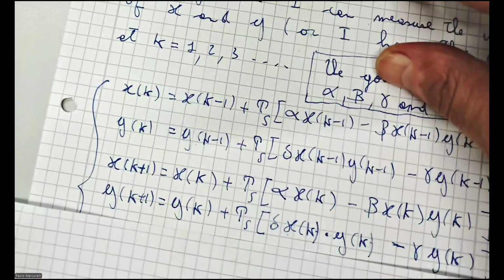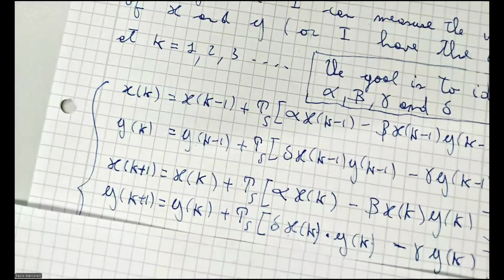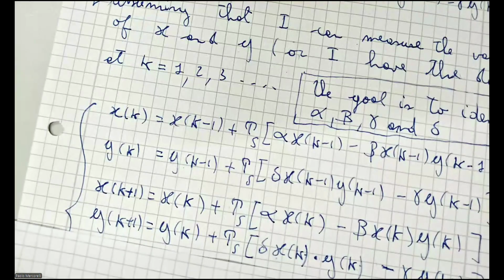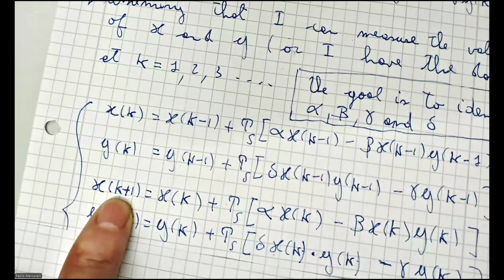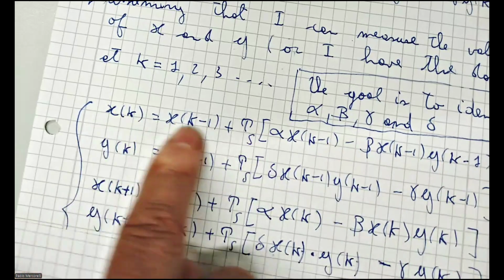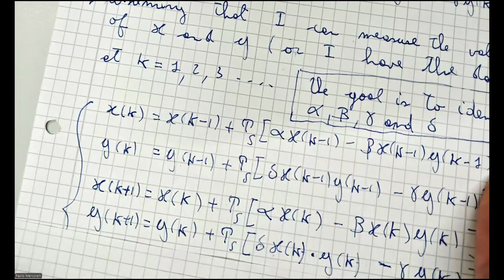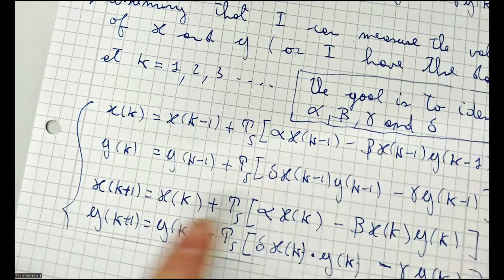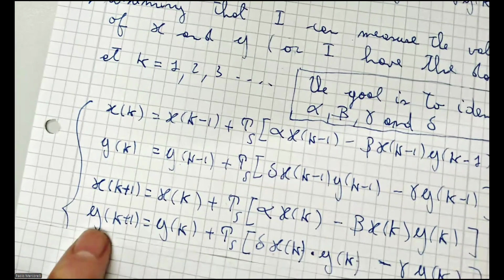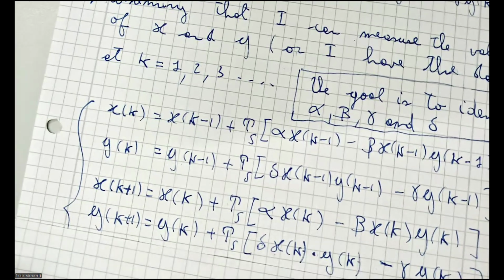Then what I am doing, I will consider xk plus 1 formally. Basically, I will add 1 everywhere. I will obtain this equation here, and I will obtain for y this equation here. Clear?